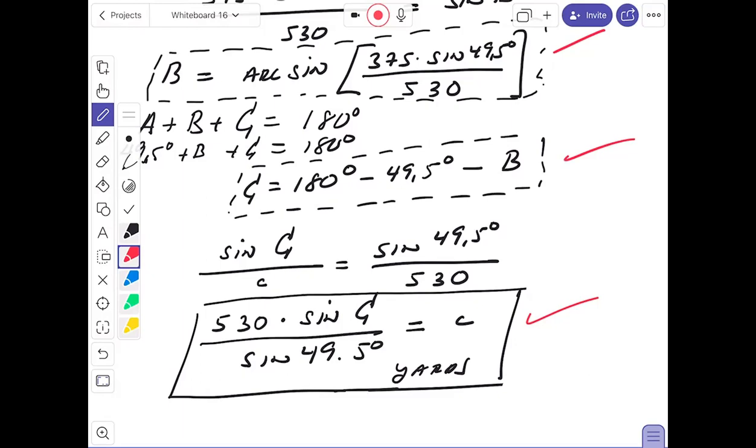Give me one second. 530 times sine of C divided by the sine of 49.5. All right, I'll tell you what I'm getting approximately here for this letter C. C on my calculator is 690.